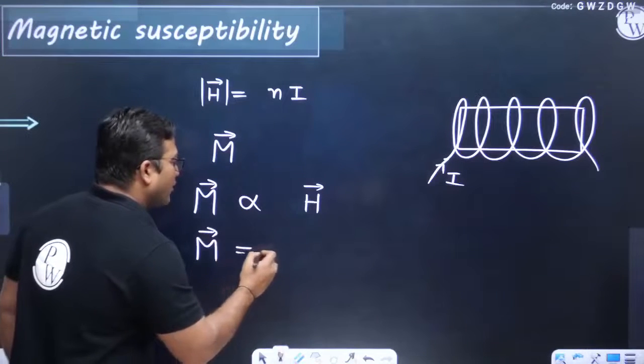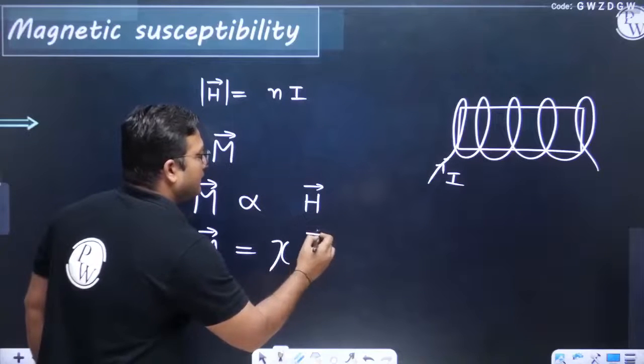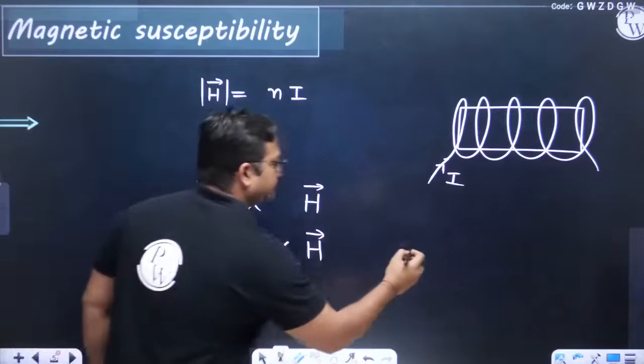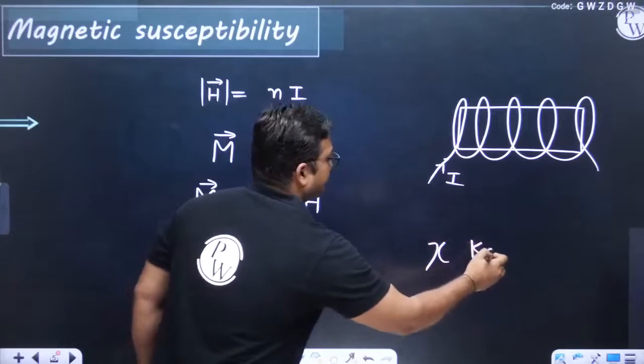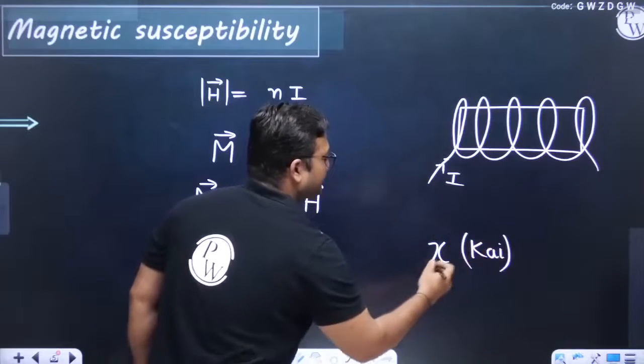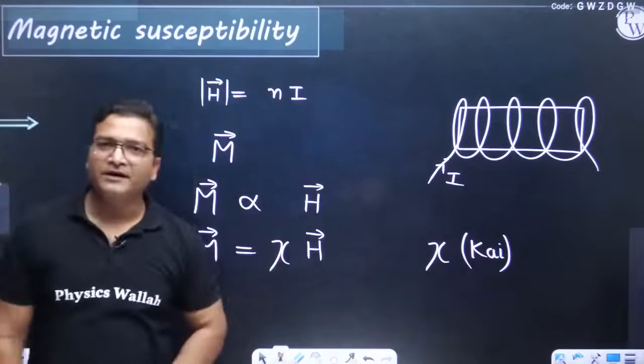We place a constant of proportionality, chi. It is pronounced chi, and it is called magnetic susceptibility.